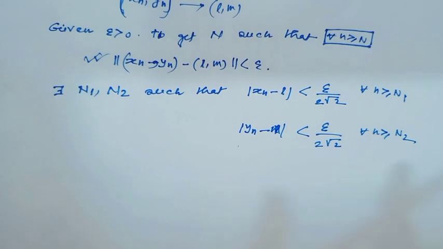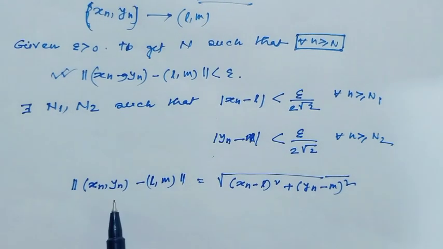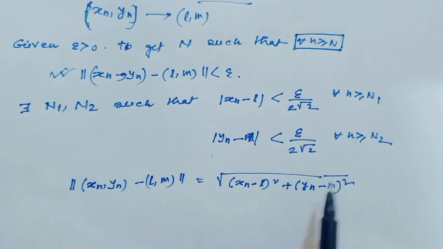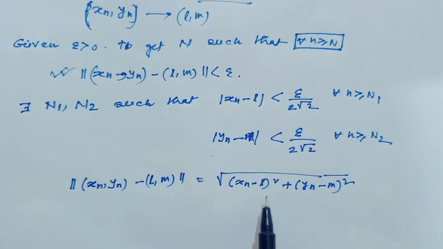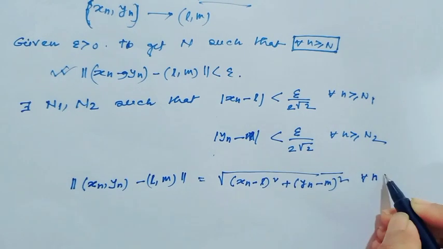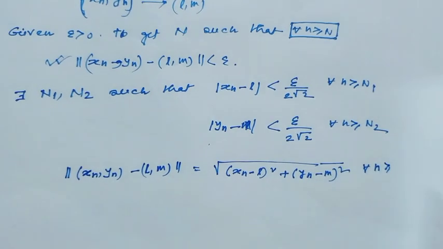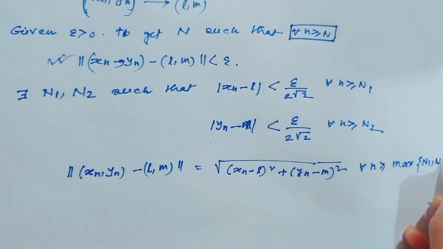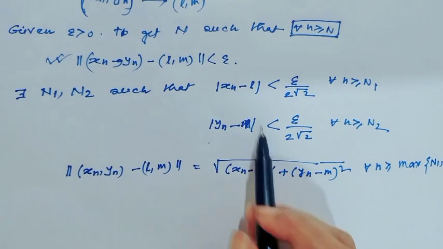Then the norm of (xn, yn) minus (L, M) is obviously equal to the square root of the absolute value of xn minus L whole square plus yn minus M whole square, and this is true for all n greater than or equal to the maximum of n1 and n2.